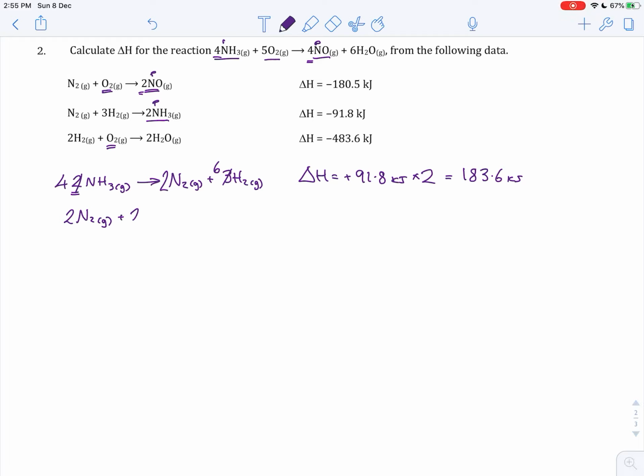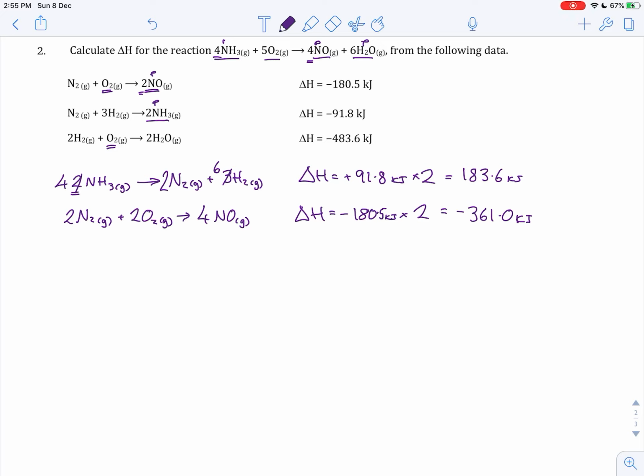2N2 gas plus 2 oxygen gas yields 4NO gas. And delta H is going to be minus 180.5 kilojoules multiplied by 2, which is going to be minus 361 kilojoules. Finally, we're looking at water.